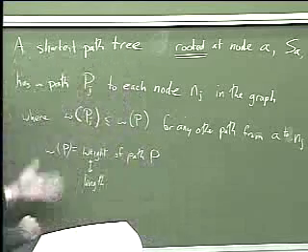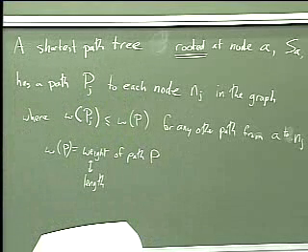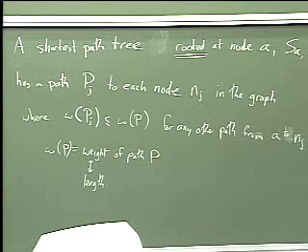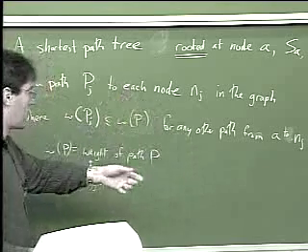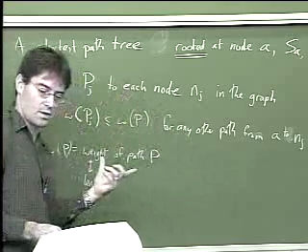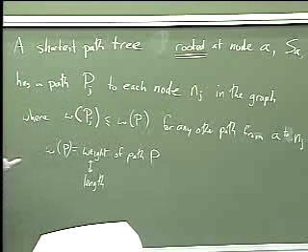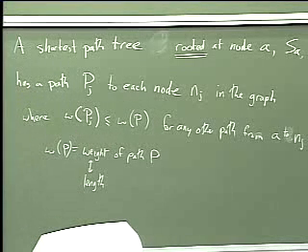The length of the path is just the sum of the edges on that path. It's synonymous with weight. So you find any path between node A and node nj, the path in the shortest path tree will be shorter, or no longer. It could have the same length.